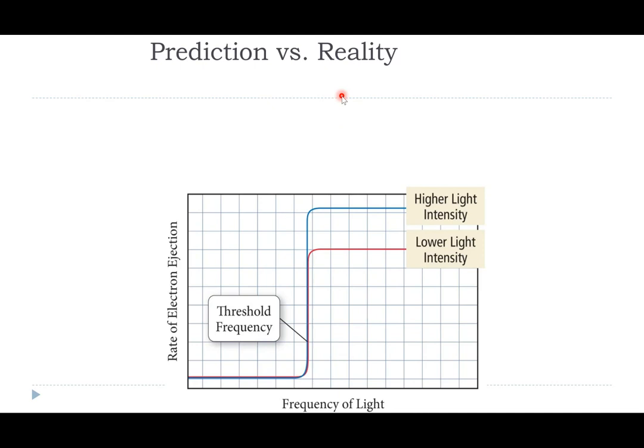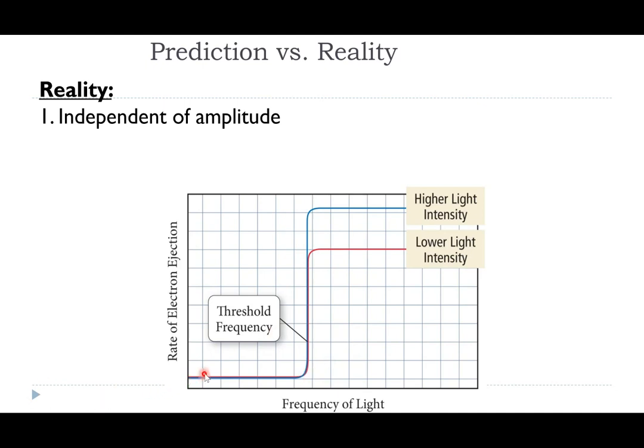Okay. So what does this data tell us? This data tells us that it is independent of amplitude. It doesn't matter if I shine the brightest light or the dimmest light. If it is not the right frequency, it is not going to eject an electron.